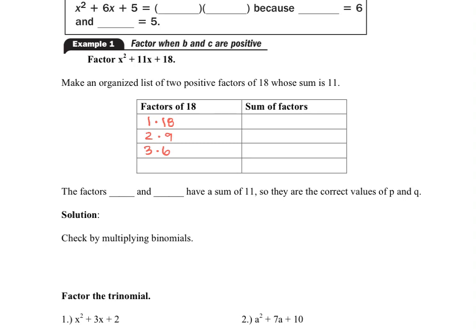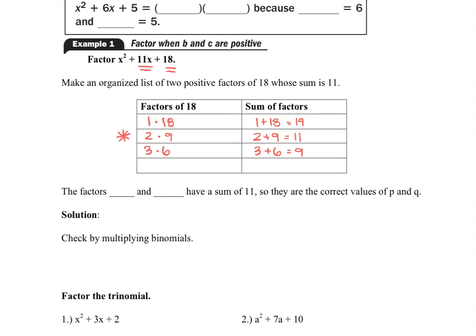Those would all be pairs of factors of 18. Now, let's see what those add to. Well, 1 plus 18 equals 19. 2 plus 9 equals 11. And 3 plus 6 equals 9. So we need the pair that multiplies to 18 and adds to that 11, which is the middle term.